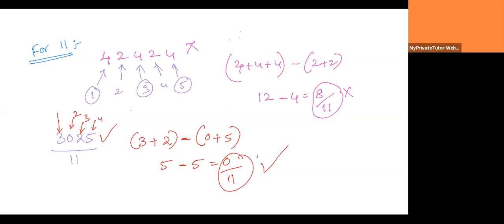Let's take a different one. 64,416. Is it divisible by 11? So how to check? Again, the first digit, third digit, and the fifth digit, which means odd placed values: 6 plus 4 plus 6, minus the even place digits, the second digit and the fourth digit: 4 plus 1.